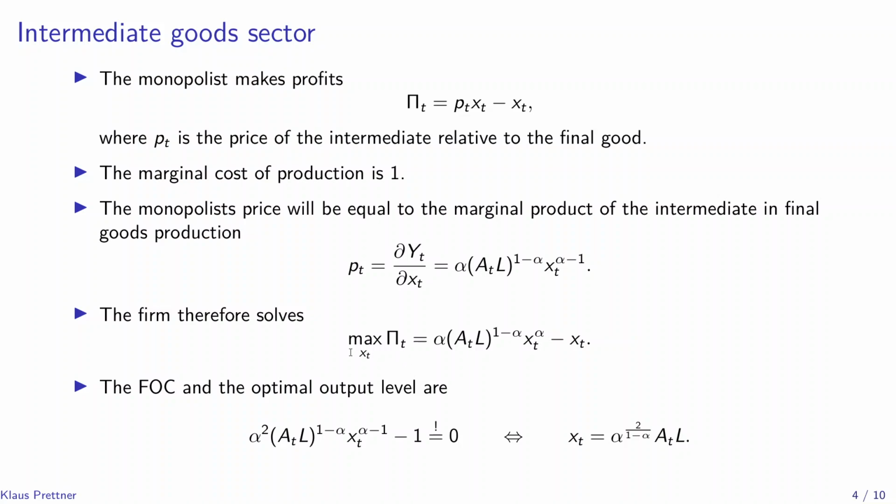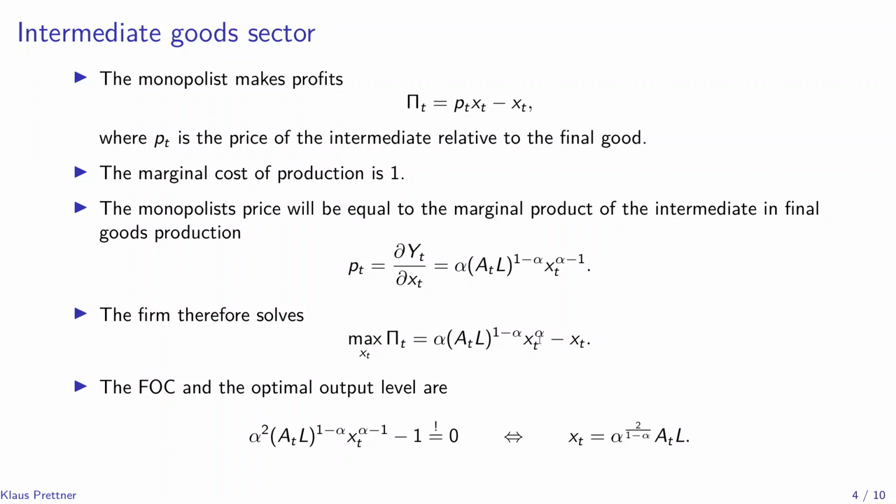And the first order condition for maximization with respect to x_t is just the derivative of this function with respect to x_t. So we see again alpha comes down from the exponent, it multiplies with this alpha here, so we have alpha squared. Again, this term remains unchanged, A_t L to the power of 1 minus alpha.